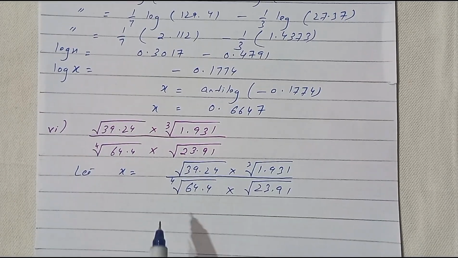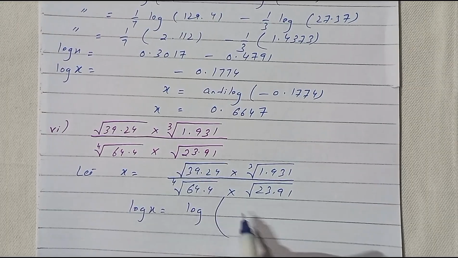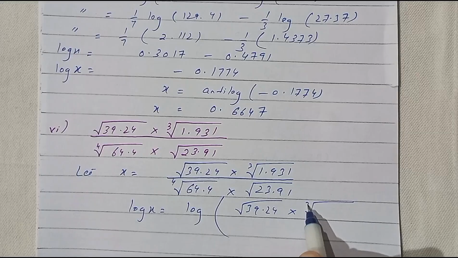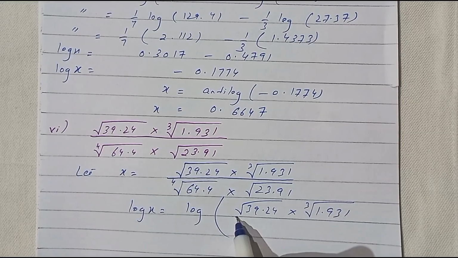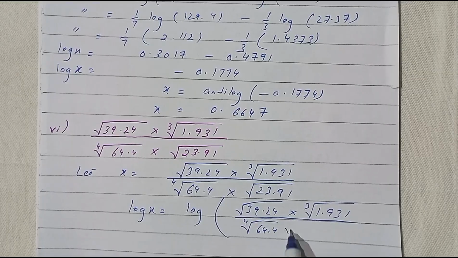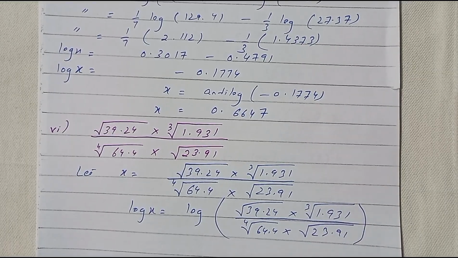Now taking log on both sides, log of x equals log of square root of 39.24 multiplied by cube root of 1.931 divided by 4th root of 64.4 multiplied by square root of 23.1.